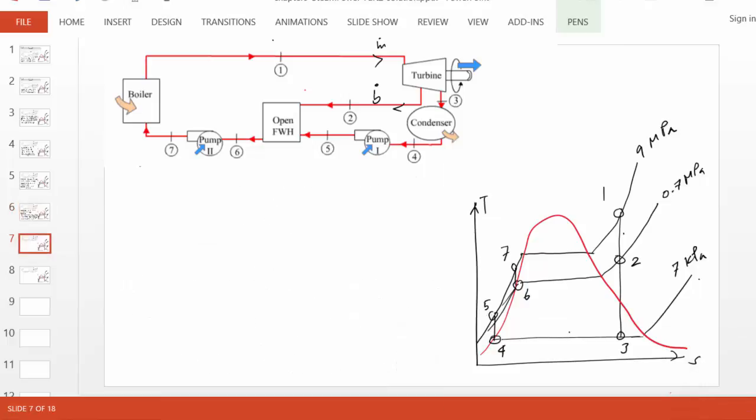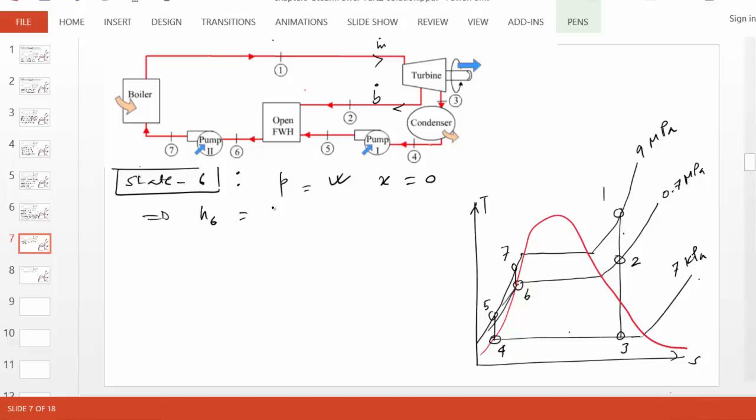State 6 once again is pretty simple because we know it is saturated liquid by definition. So P6 is known, 0.7 MPa, and X equals 0, and that gives us H6 to be 697.